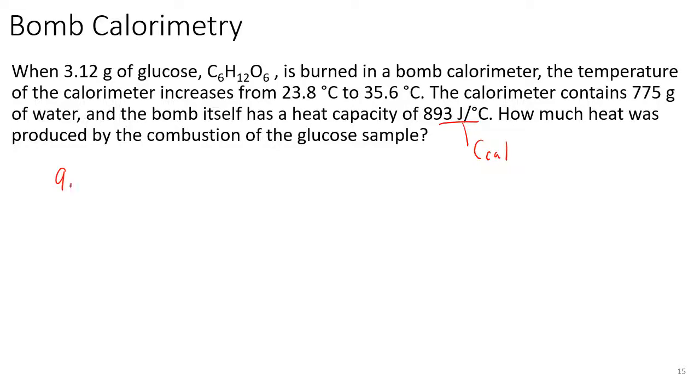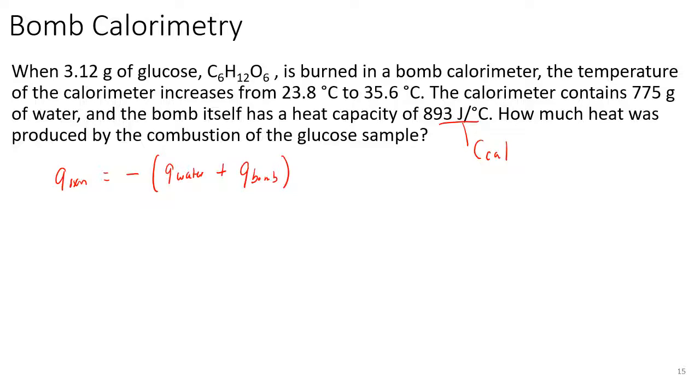The heat of our reaction will be equal to, and opposite in sign to, the sum of the heat of our water change plus the heat from the bomb itself, where we need to use the heat capacity of our calorimeter.